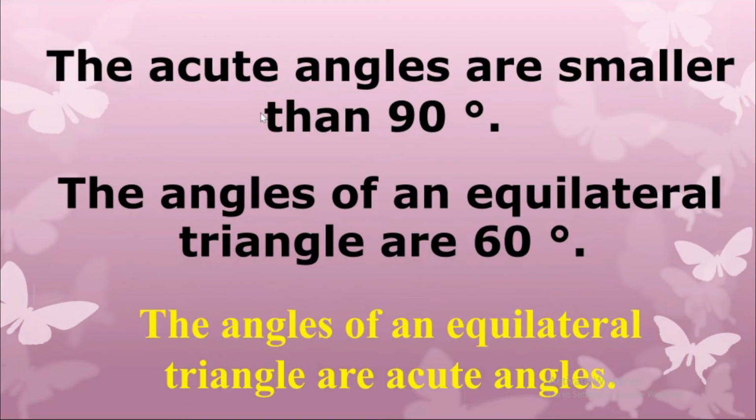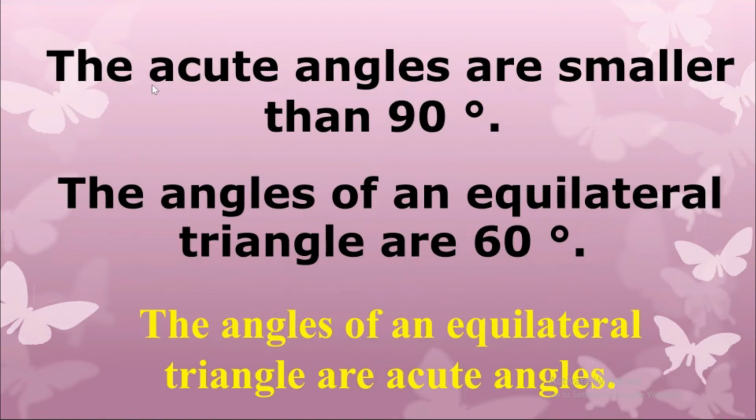I hope you got the correct answer. Why? Because it was stated that the angles of an equilateral triangle are 60 degrees. And take note, acute angles are smaller than 90 degrees. So if it measures 60 degrees, then that means it's smaller than 90 degrees.